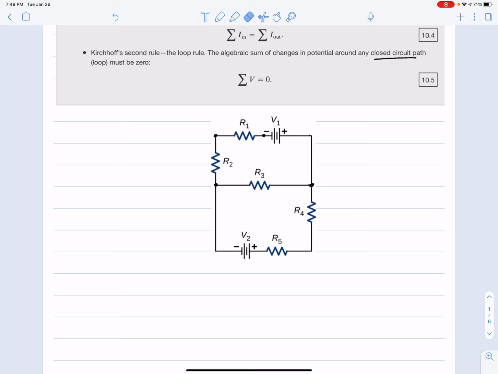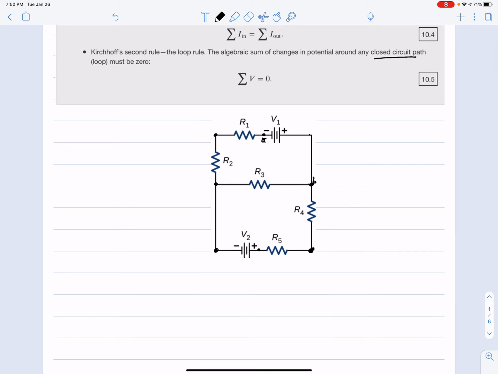Then here, and here. And the reason why I put these dots in is that if I take my voltage meter and I want to measure the voltage from this reference point, and let's say that this is A and this is B right here, I can measure the voltage between these two.